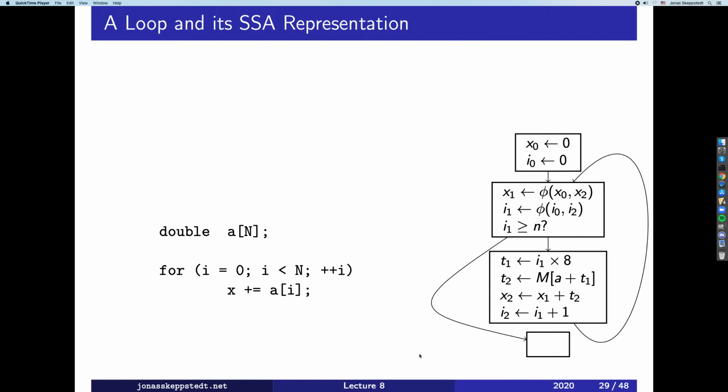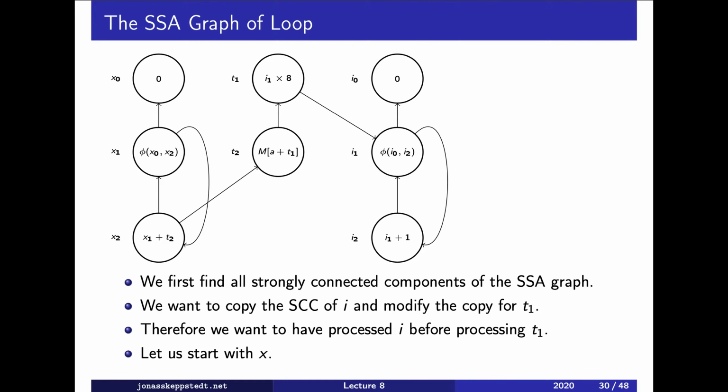The assignments in this control flow graph describe the SSA graph, and from a statement to its operands there is an edge. That means we have this graph.